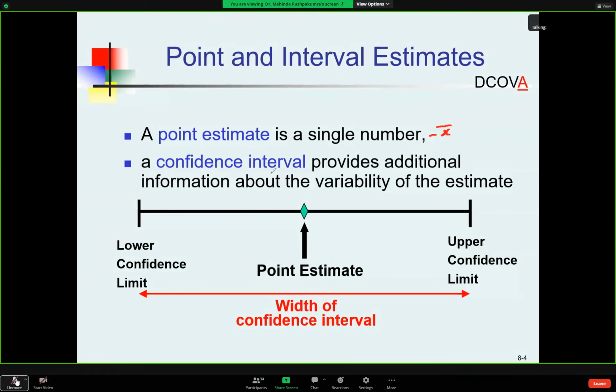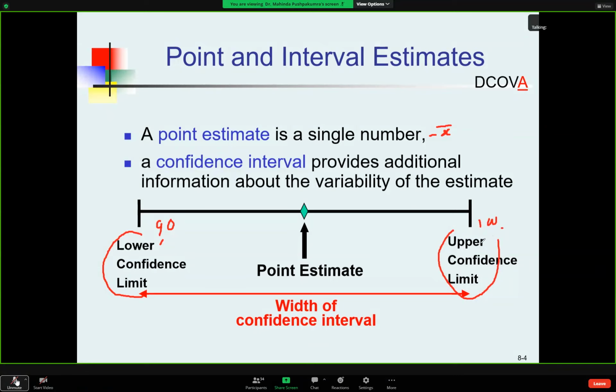Then the confidence interval provides additional information about the variability of the estimate. It has a lower confidence limit and an upper confidence limit. In my example, I got 90 and 100. This is what we call the lower confidence limit, and this is the upper confidence limit.